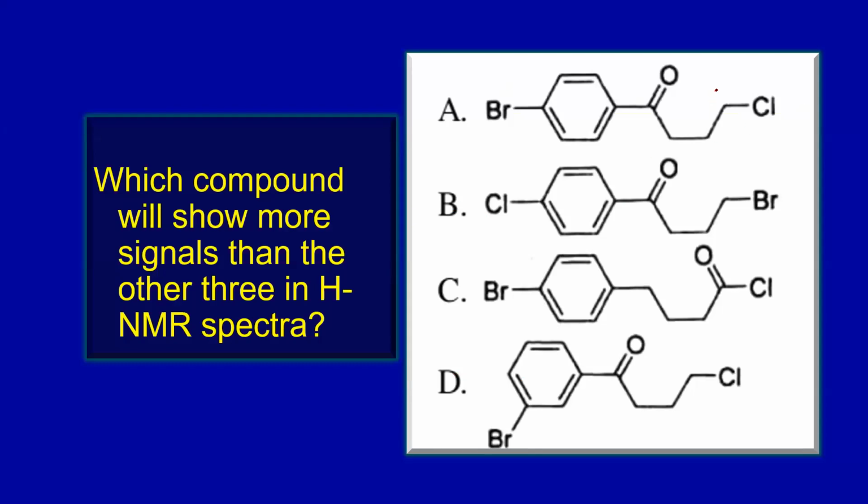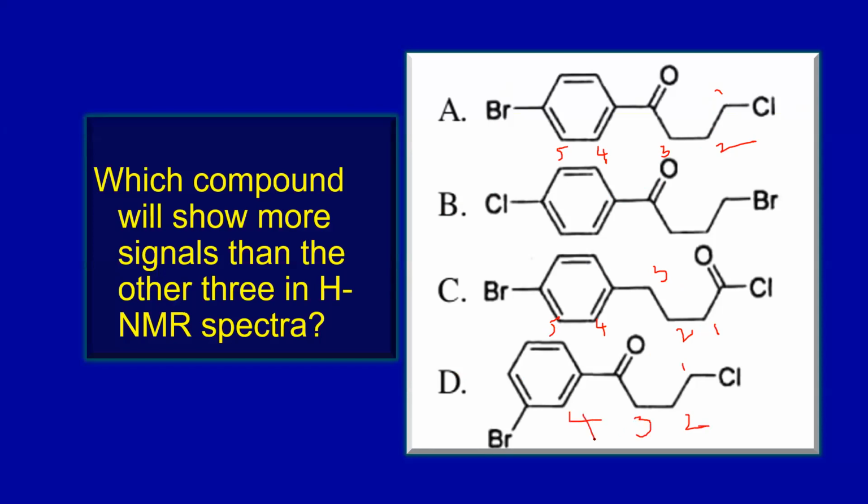Let's look at one. 1, 2, 3, 4, 5. I think this is also similar. So this is also 1, 2, 3, 4, 5. Look at here, 1, 2, 3.